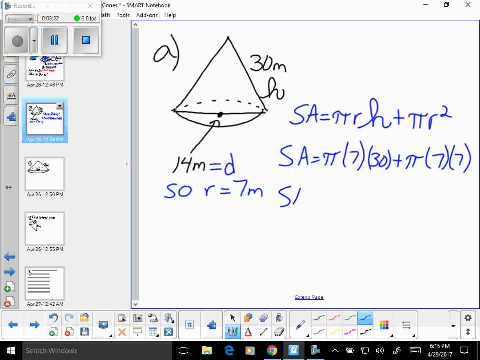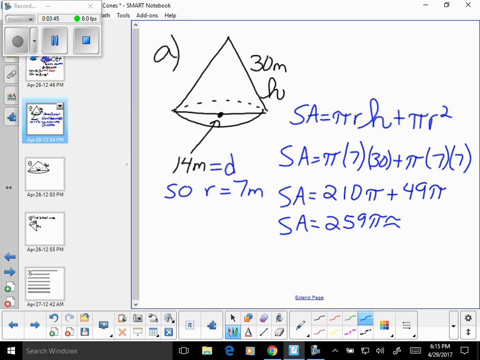Just as when we did surface areas with the cylinder, you're going to leave it first in terms of pi. So this is going to be 210 pi plus 49 pi. In the next step, I will add those two to get 259 pi.